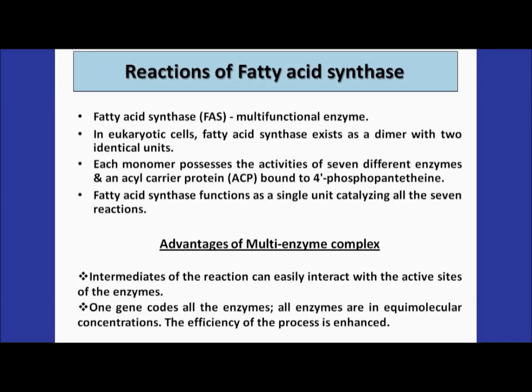Moreover, only a single gene codes for all the enzymes involved in fatty acid synthesis, and all the enzymes have equimolecular concentration, the same amount. This finally enhances the speed of fatty acid synthesis.